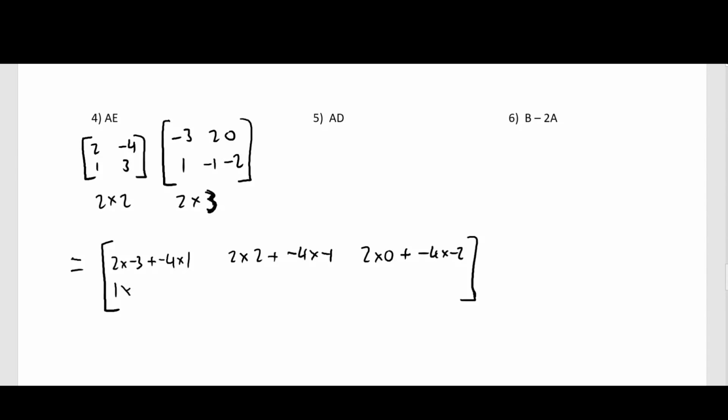And we're going to have 1 times -3 plus 3 times 1. 1 times 2 plus 3 times -1. 1 times 0 plus 3 times -2.